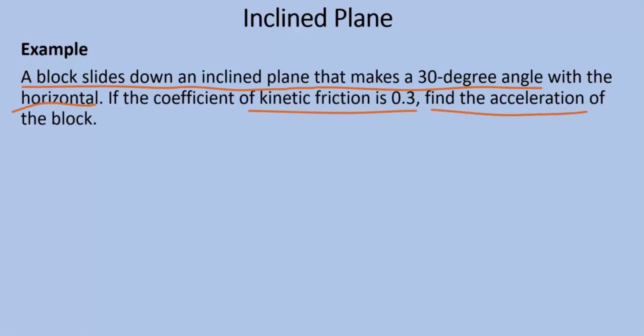Let's draw that inclined plane. This is the inclined angle, and this is the block here. It says there is friction applied, so the friction is applied this way. This will be the F of F, the frictional force.